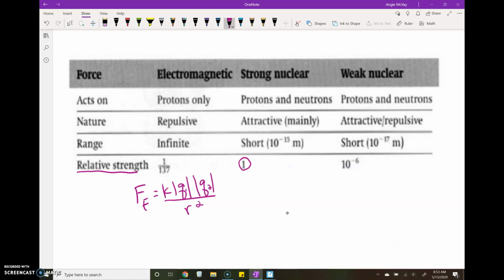That acts on any nucleon, a proton or a neutron. It's attractive. It's very strong, right? Hence its name. But it's got a short range, right? The strong nuclear force has a range that's only big enough to hold a nucleus together.